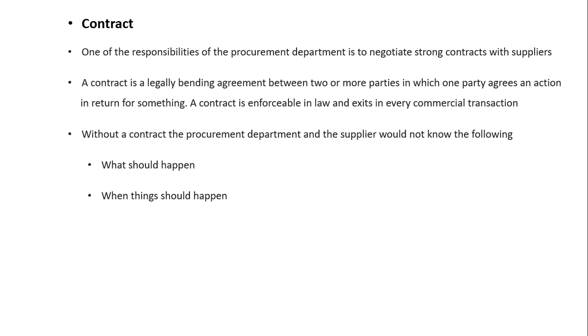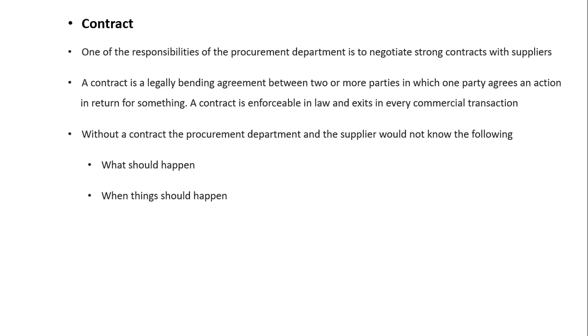Contract. One of the responsibilities of the procurement department is to negotiate strong contracts with suppliers. A contract is a legally binding agreement between 2 or more parties in which one party agrees an action in return for something. A contract is enforceable in law and exists in every commercial transaction.